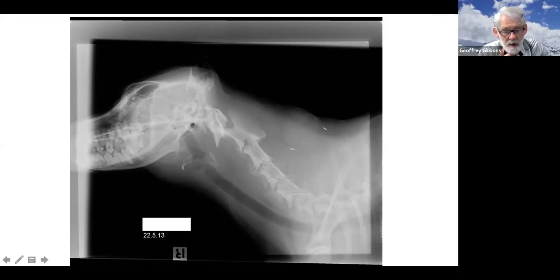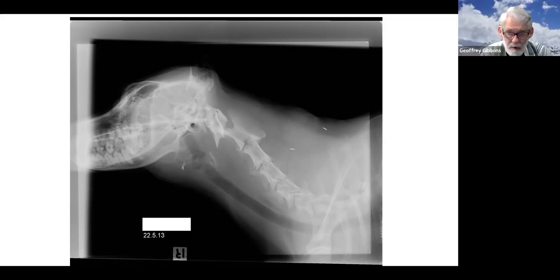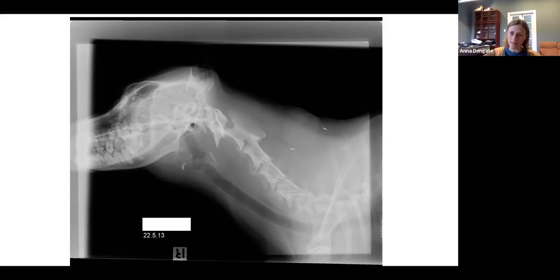Well, what they used to do at the Angel Memorial is to get a stiff polythene pipe with the edges rounded and softened. It's amazing just how big a pipe you can get down a dog's esophagus. And push it to and over the foreign body. And put your scope down through there so that you can see.